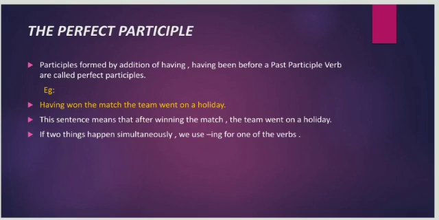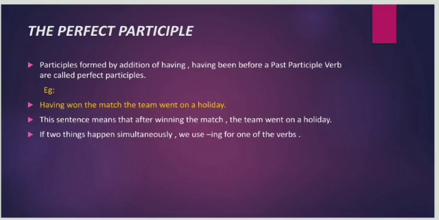Now perfect participle. A perfect participle is formed by the addition of having been before the past participle verb. So when we want to refer to two activities that are taking place at the same time, for one of the activities we use a perfect participle.